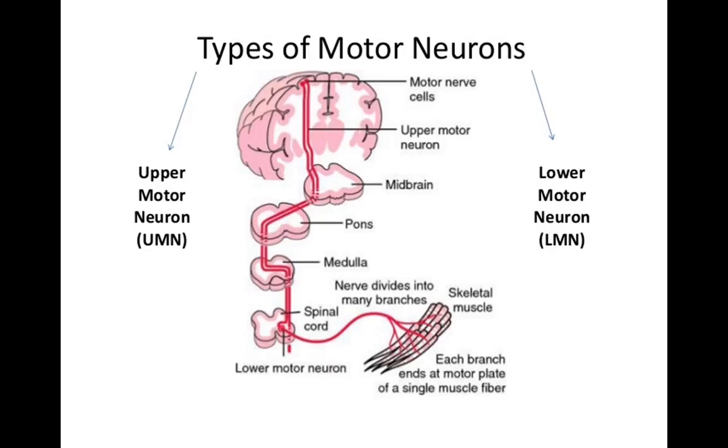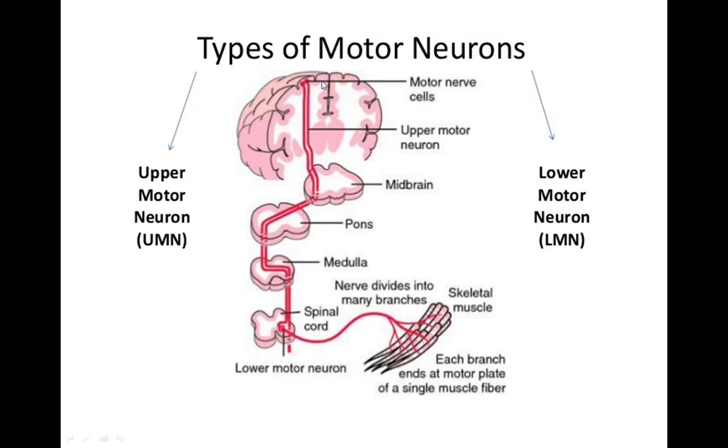Clear? So the motor system therefore consists of the motor cortex, which consists of the primary motor cortex, the premotor cortex, the supplementary motor cortex, the somatosensory motor cortex, the parietal cortex, the posterior parietal cortex, isn't it? These are all involved in the generation of the motor functions.